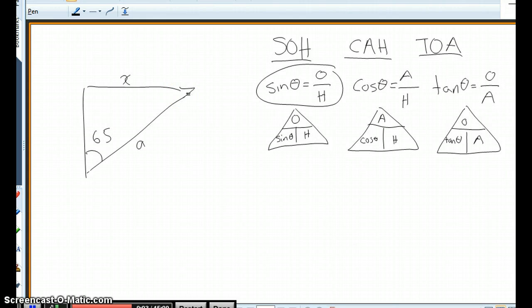As I said, all we're going to do in this next exercise is identify which function we need to use. So this is the first question on page 228. It's got a 90 degrees there.